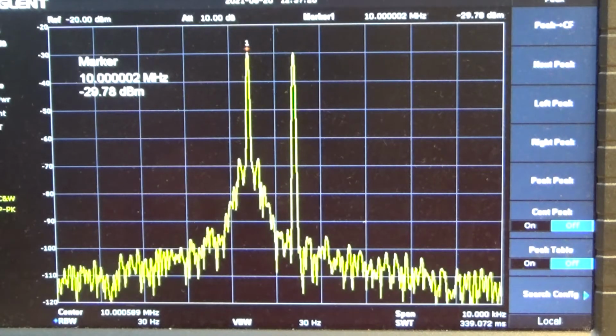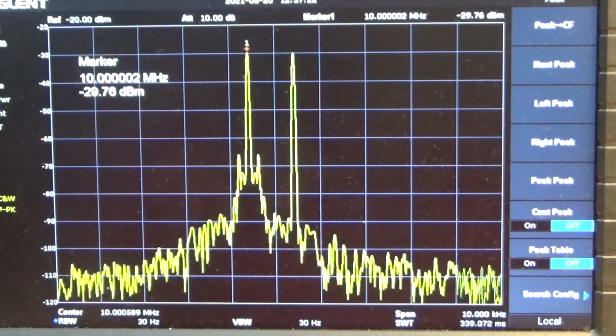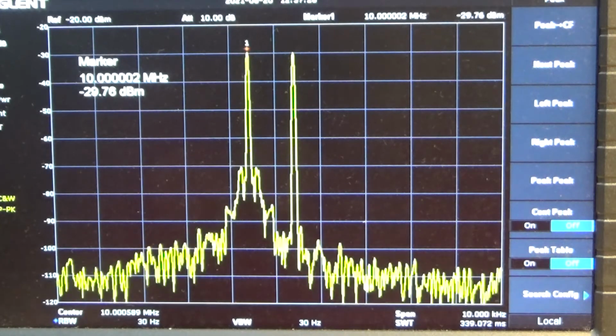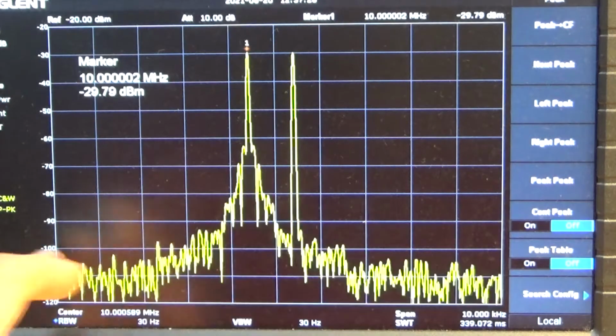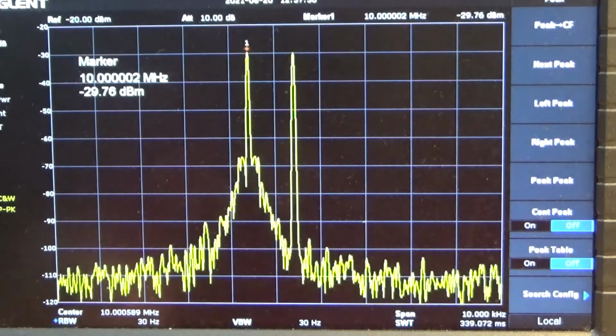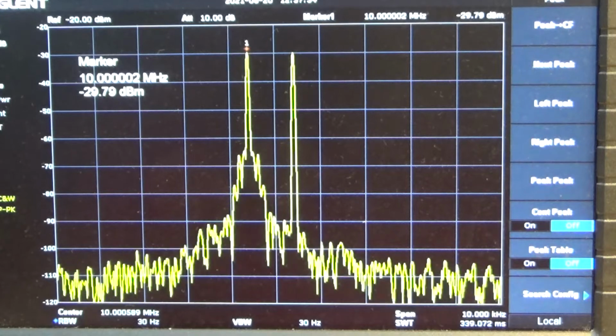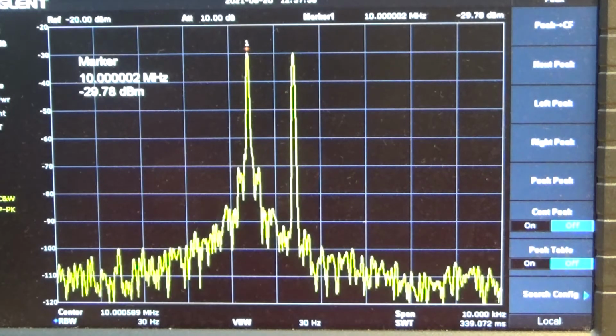Now we can connect to the amplifier, and at the moment there are no spurious signals, although if I increase the span we would probably see the harmonics of these two generators.